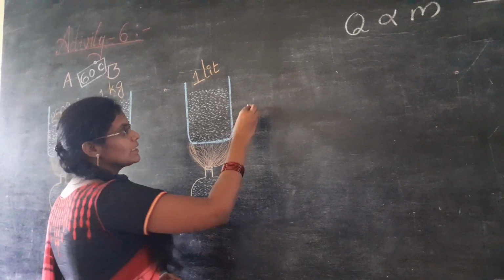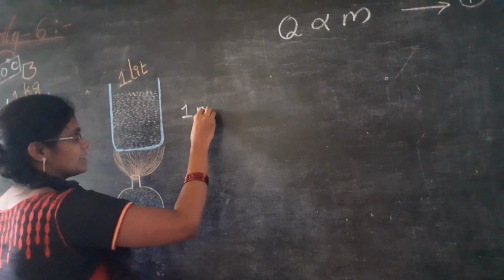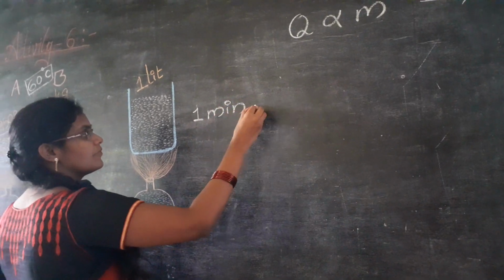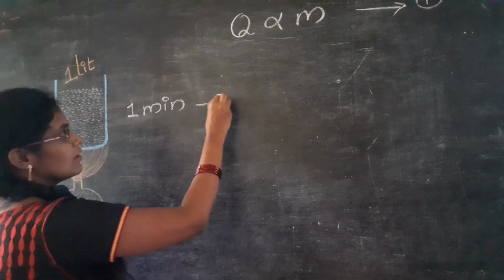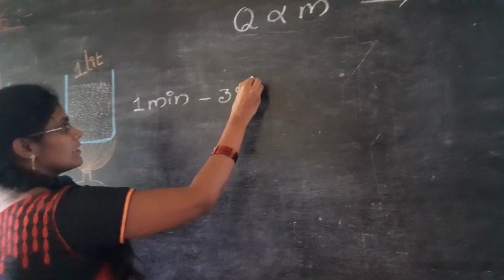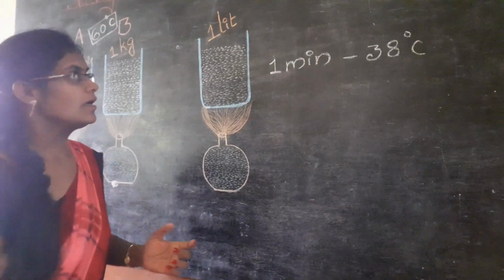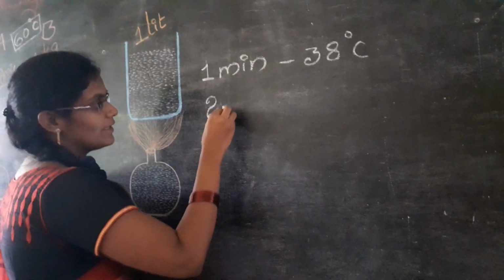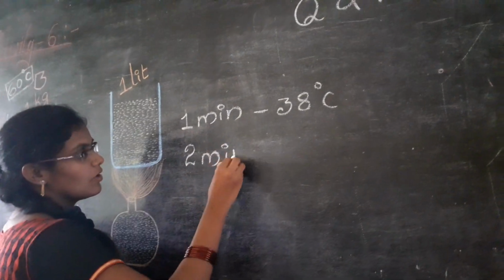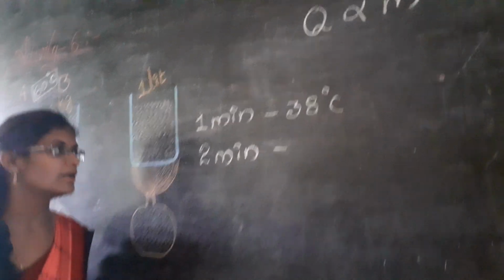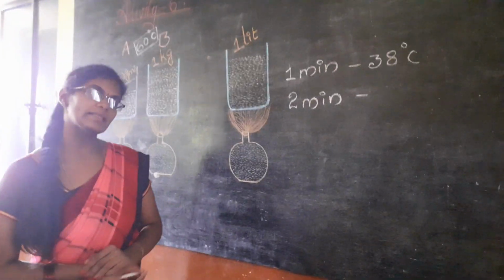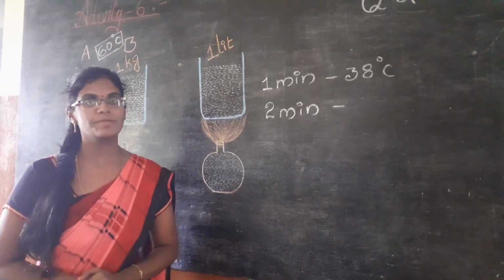Next, note the temperature after 1 minute. For example, if we get 38 degrees Celsius, assume that it has 38 degrees Celsius. And after 2 minutes, does the value of the temperature increase or decrease now?